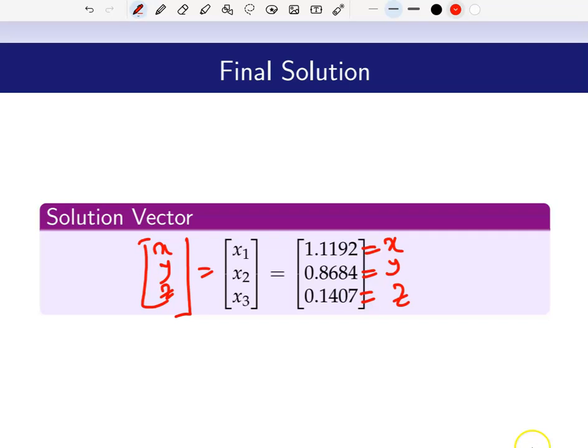So x is equal to 1.1192, y is nothing but 0.8684, and z is nothing but 0.1407. So we have successfully reduced the system and computed the values of the unknowns. That's it. Thank you.